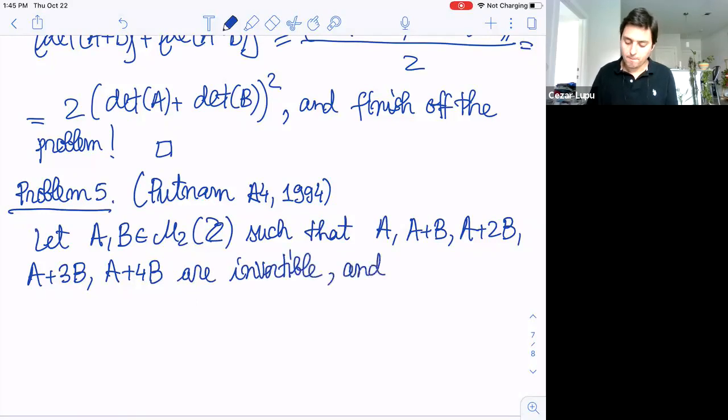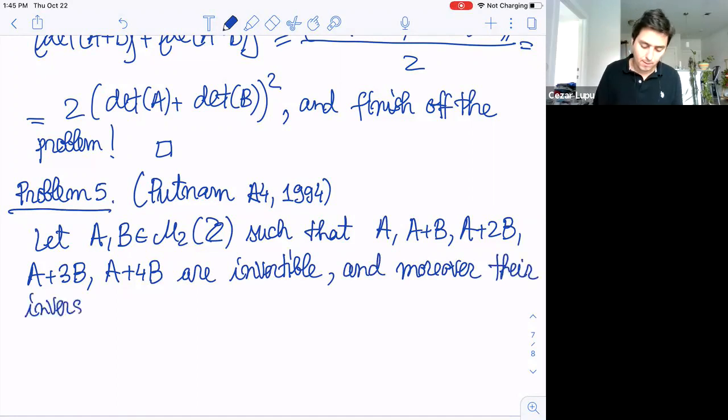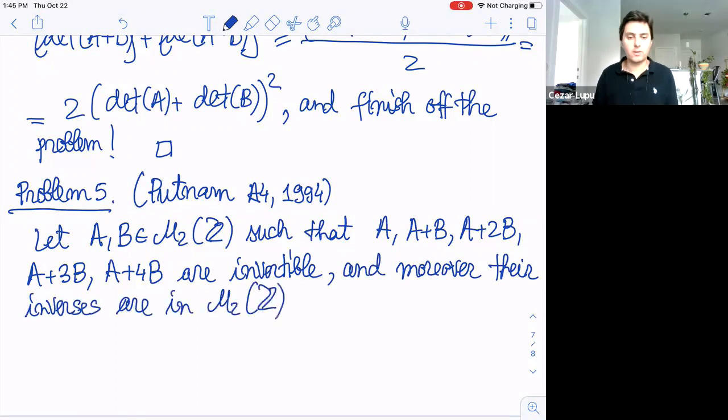And moreover, their inverses are in M2 of Z, so they have integer entries as well. This is a very important piece of information here.